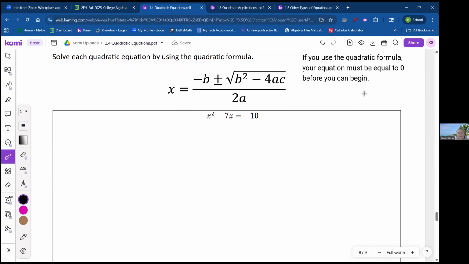So in the case of this first problem, I do need to add 10. So the problem I'm going to be working with is x squared minus 7x plus 10 is equal to 0.